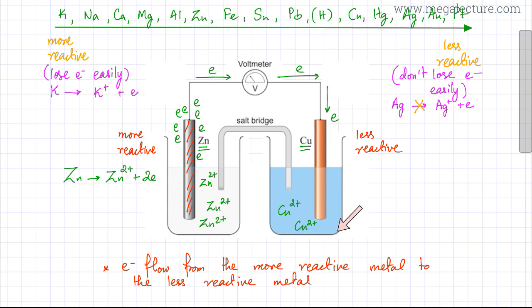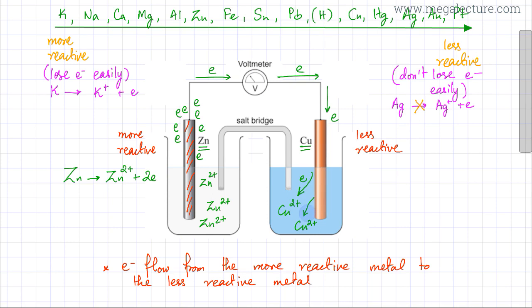So if the solution contains copper 2+ ions, and all these electrons are coming in from zinc, which is the one that's losing electrons, and they flow towards copper, which is not producing electrons, then once they reach the copper electrode, these electrons would be gained by the copper ions in the solution.